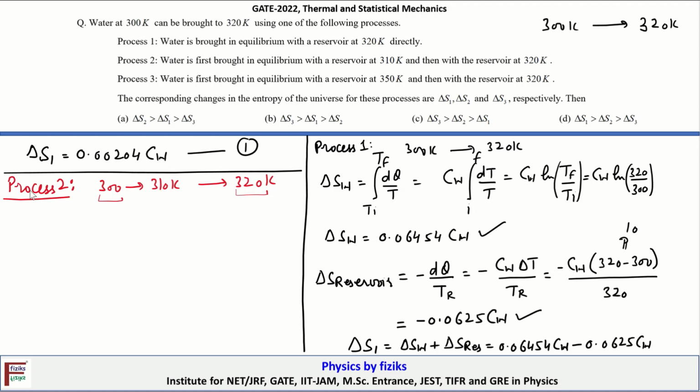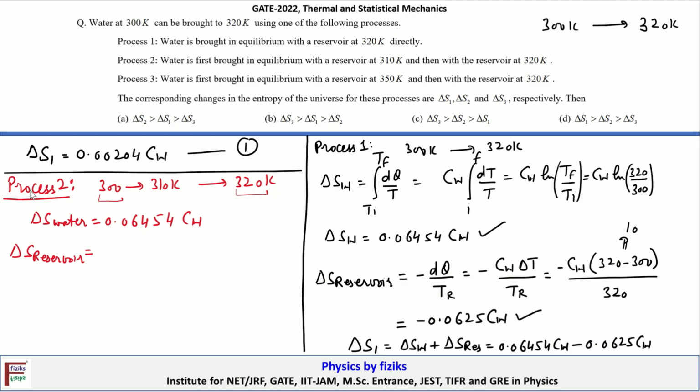So in process 2, delta S water will be the same, which is 0.06454 multiplied by Cw. It's not going to change. Whereas for delta S reservoir, because the process takes place in 2 steps, we will have 2 terms here.